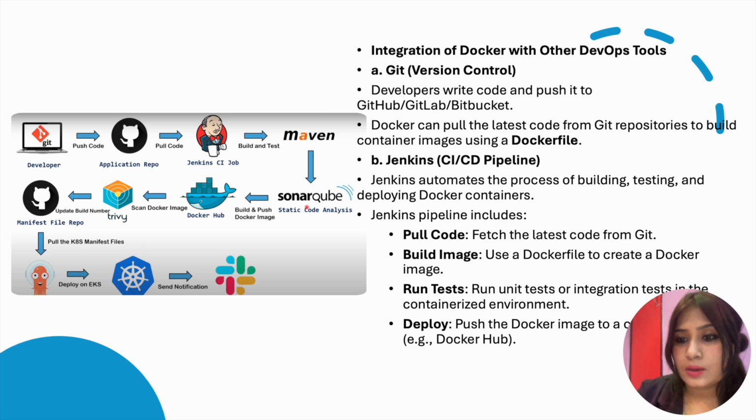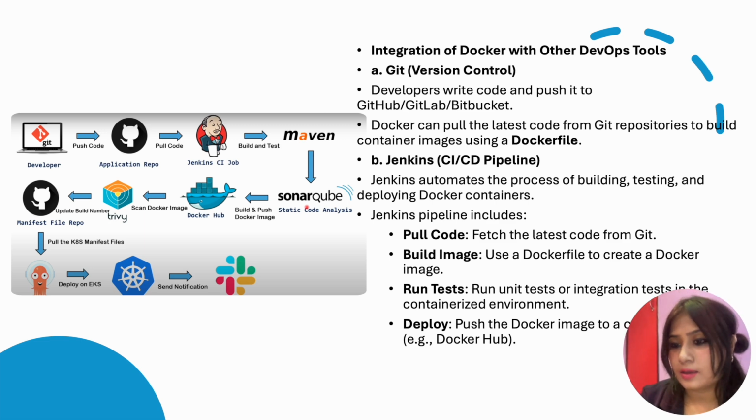Here you can see the developer pushes the code to Git, as we discussed earlier. Then Jenkins, the continuous integration job, pulls the code from the repository kept by the developer, and if it is error free, Jenkins will keep the code. Otherwise a notification goes directly to the developer that this is not working on my machine, so you have to check it again and send it to me.